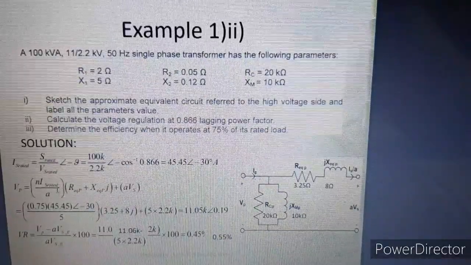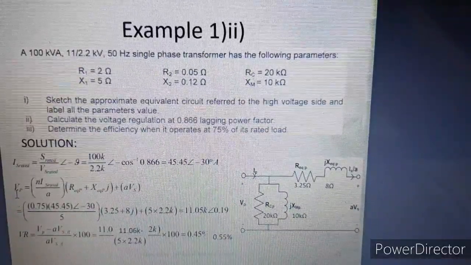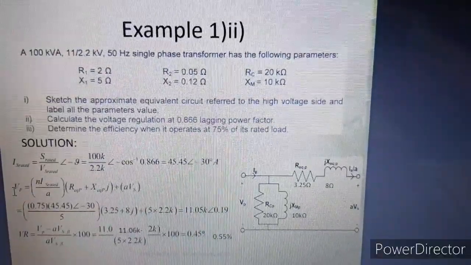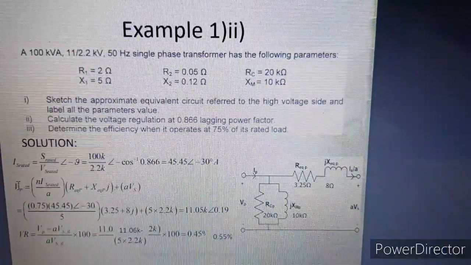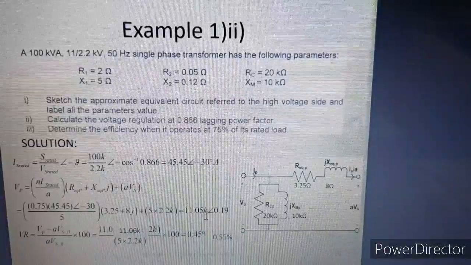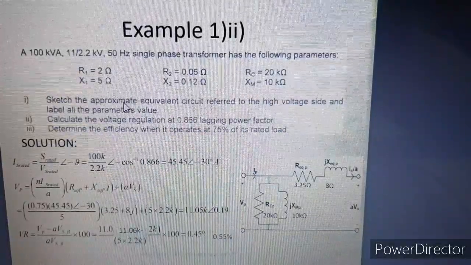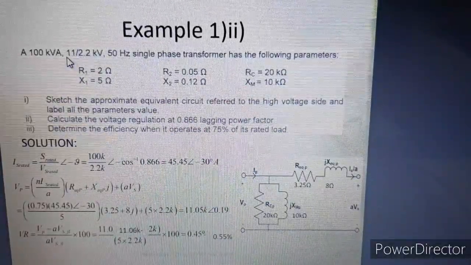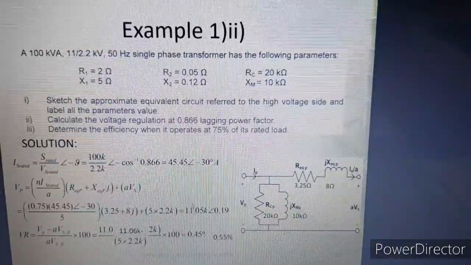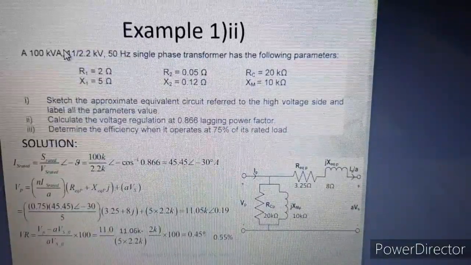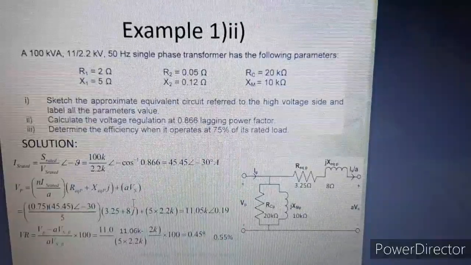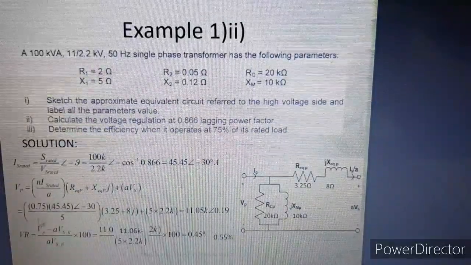Notice that VP no load, VS no load, that is VP in this case, is 11.05K, and it's not the same as VP rated. So that's why you have to calculate; you cannot simply take it from the question.